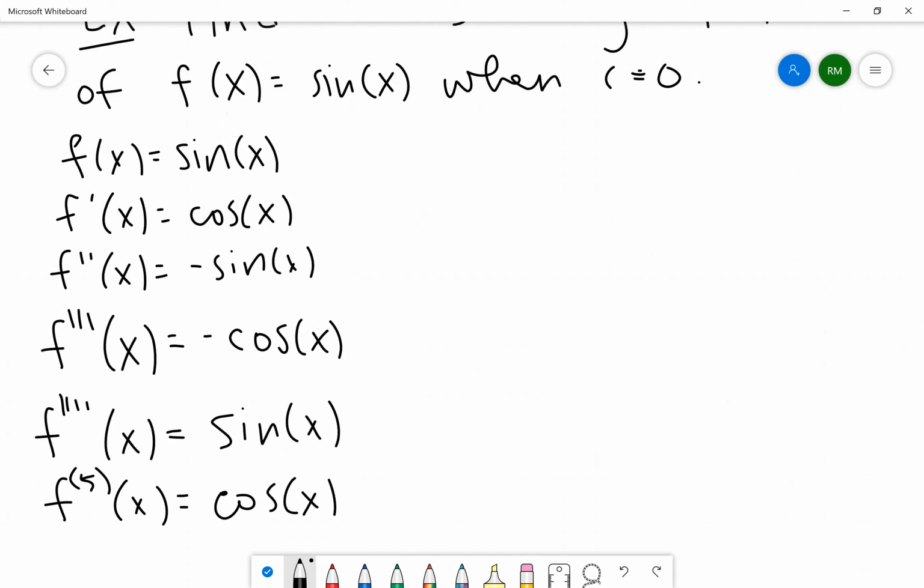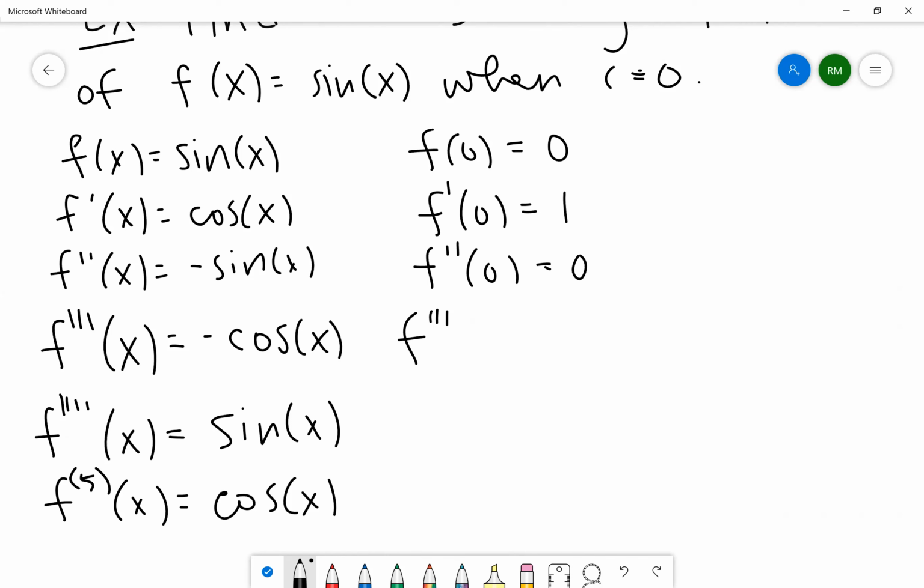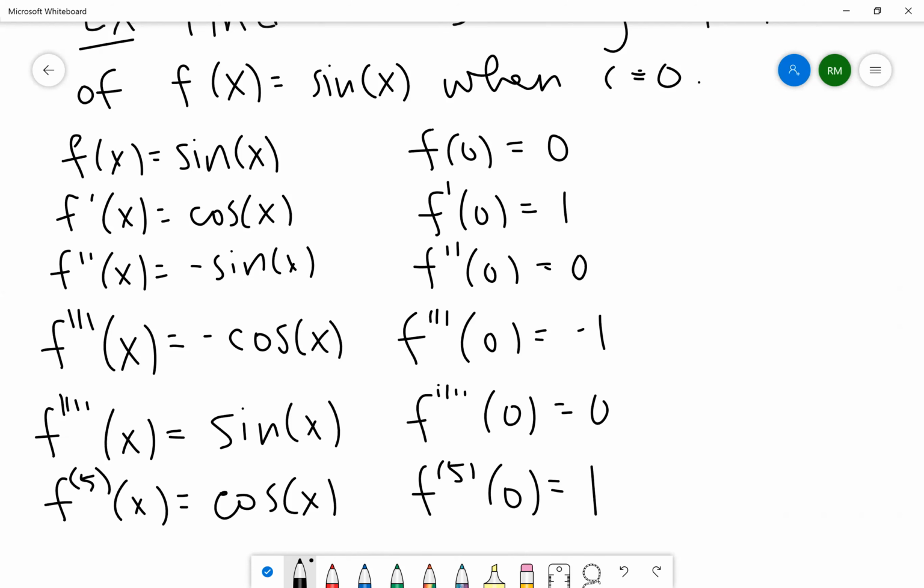Okay, so what this tells us is that f of 0 is 0, f prime of 0 is 1, f double prime of 0 is 0, f triple prime of 0 is -1, the fourth derivative of f at 0 is 0, and the fifth derivative of f at 0 is 1.